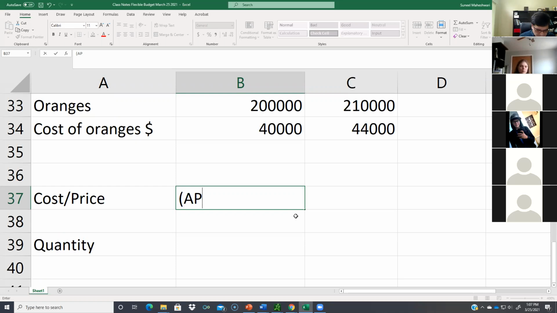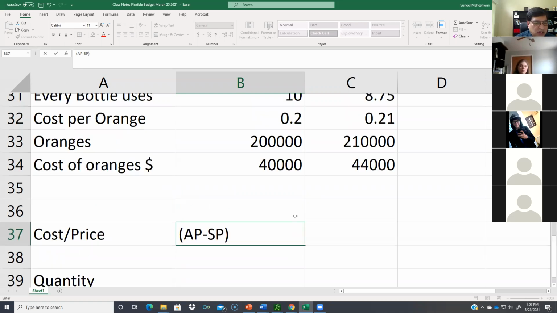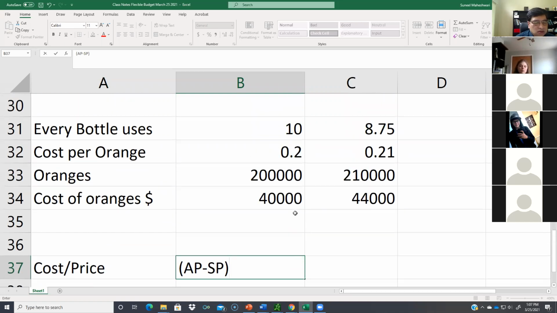Actual price minus the standard price or the budgeted price. If you notice over here, your actual price per orange is 21 cents and the standard price is 20 cents.